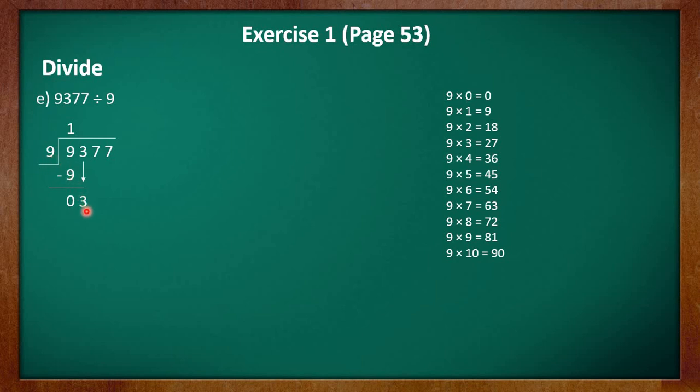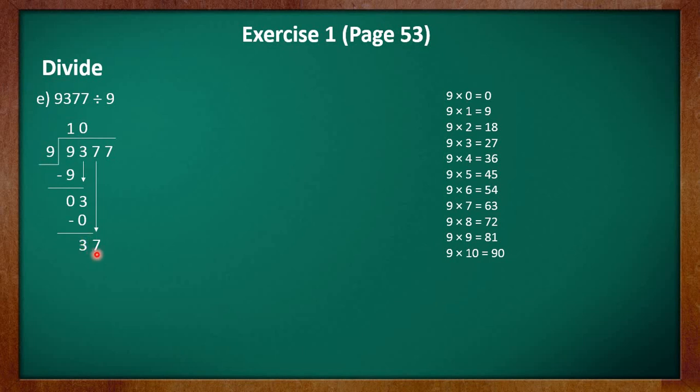So in order to divide this 3 by 9, we have to look for the smaller number in the table of 9, which is 0, right? So we will write 0 in the quotient and we will subtract 0 from this 3, which gives us 3 as difference.